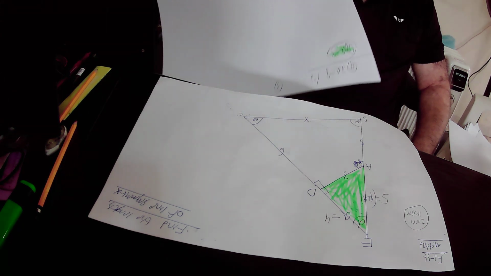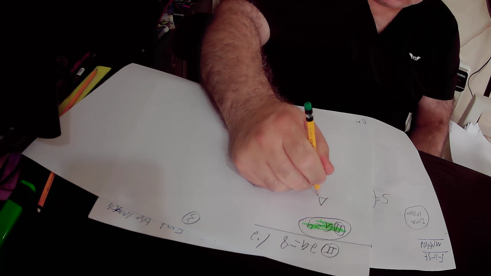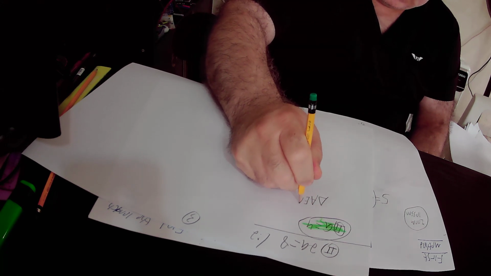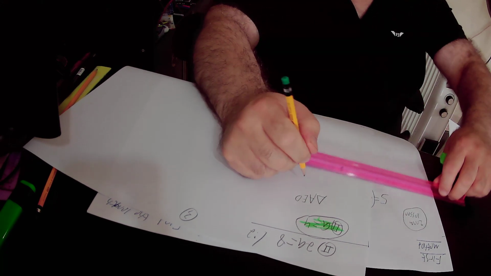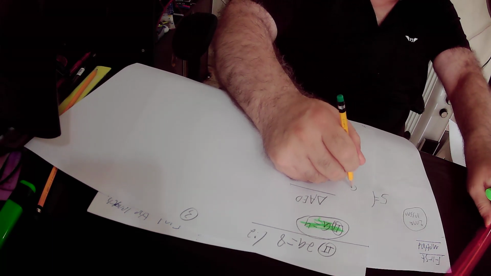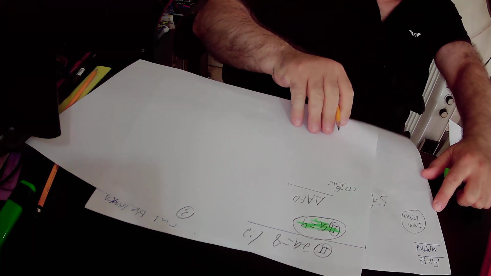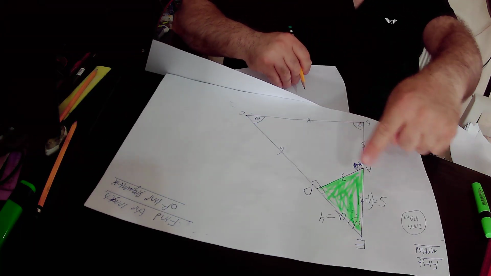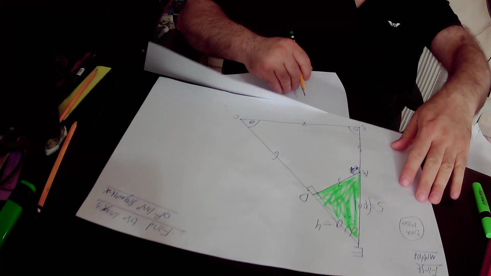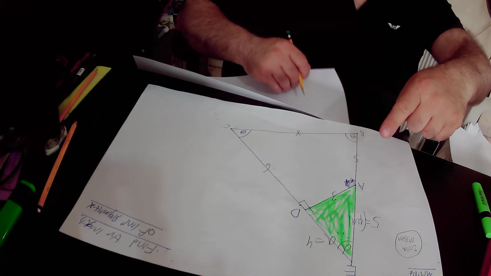So in the green triangle AED, what is the value of cosine alpha? Cosine alpha equals ED over EA. Again, cosine alpha equals ED over EA.